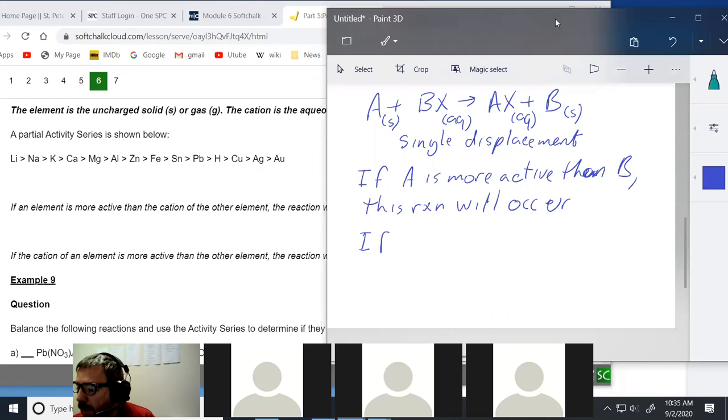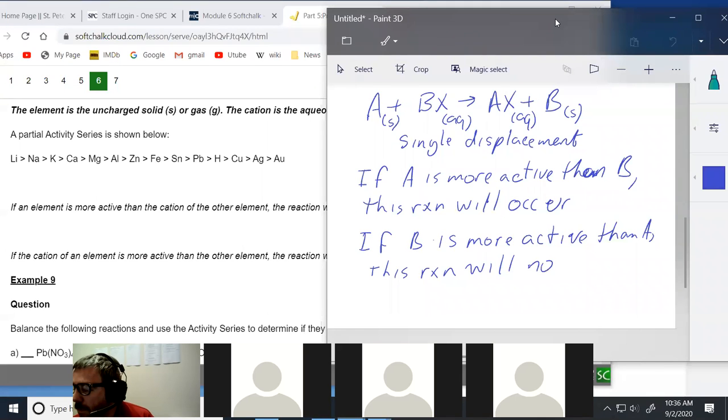If B is more active than A, this reaction will not occur. And that's the difference.